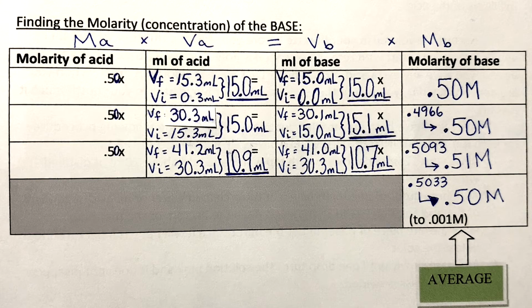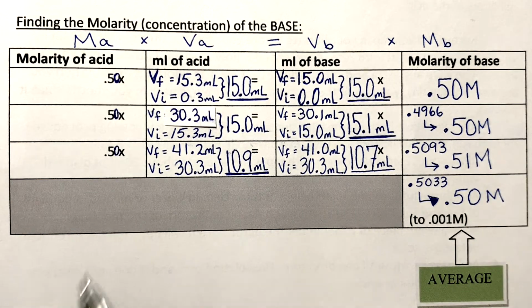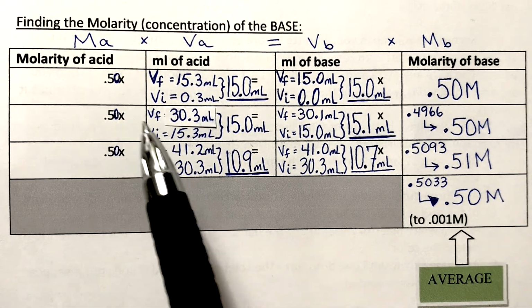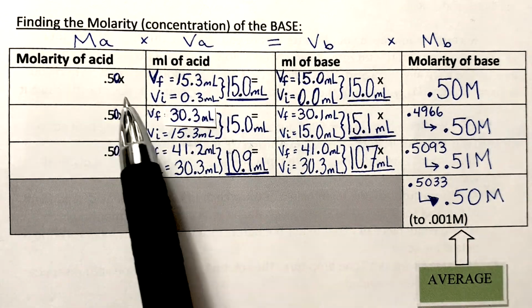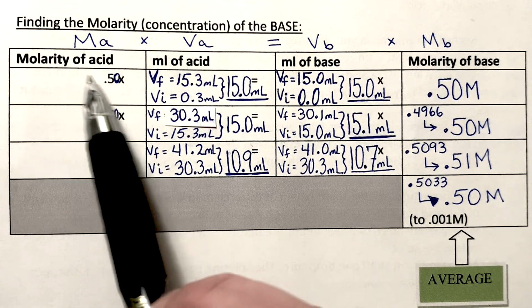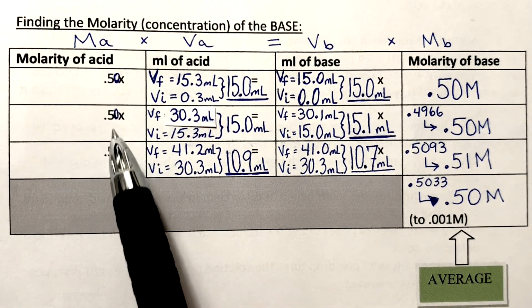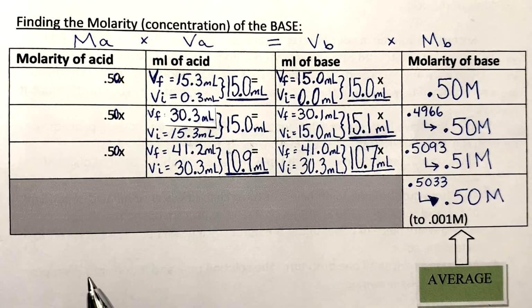All right, so as we did the lab, we were writing in our data, and you can see this table is a great place to organize your titration data. You'll have a similar table if you do a titration in the future, where you have the molarity of your acid. This was our standard solution, so that's why all of them are already 0.50 molar.